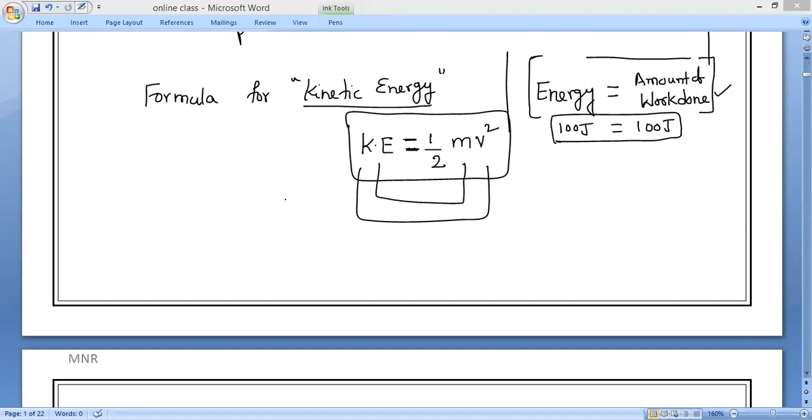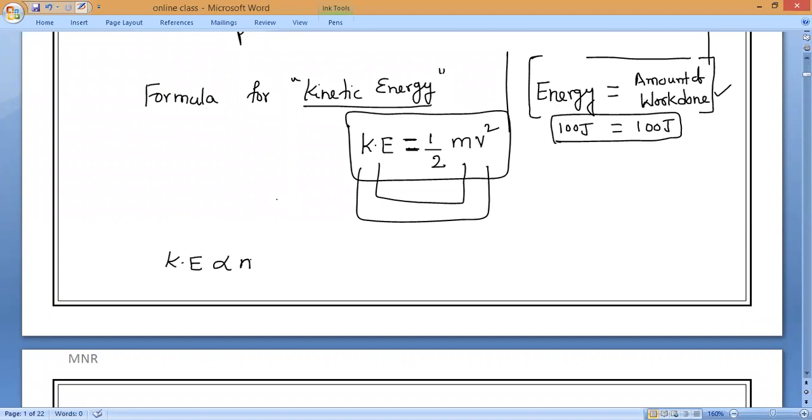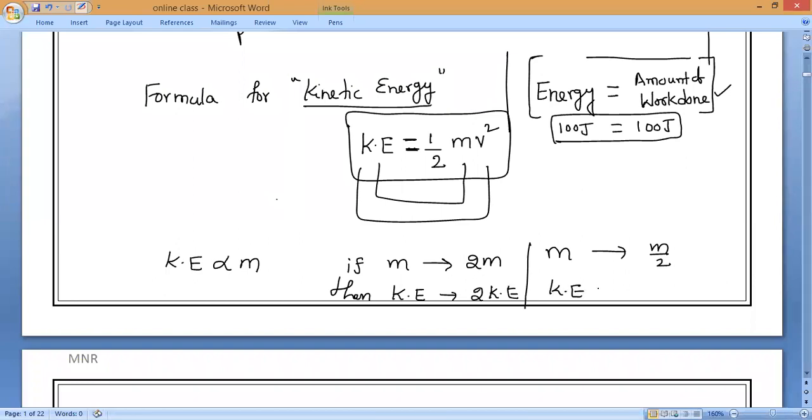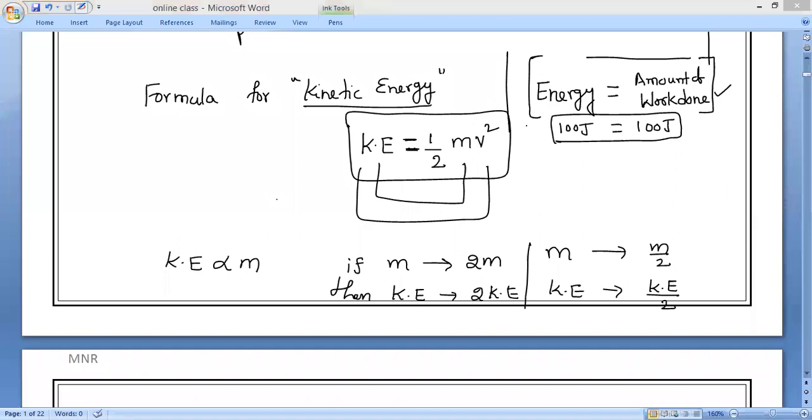Now let us observe very carefully. What is the relationship between kinetic energy and mass? Kinetic energy is directly proportional to mass. If mass becomes double, kinetic energy also becomes double. If mass becomes m by 2, kinetic energy also becomes half.